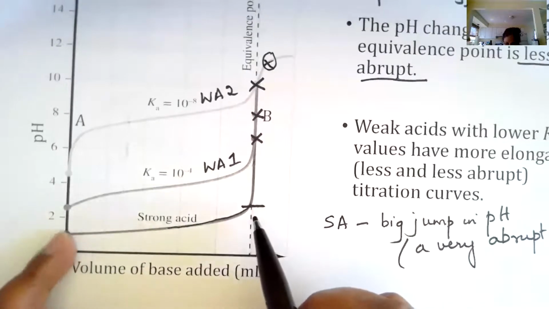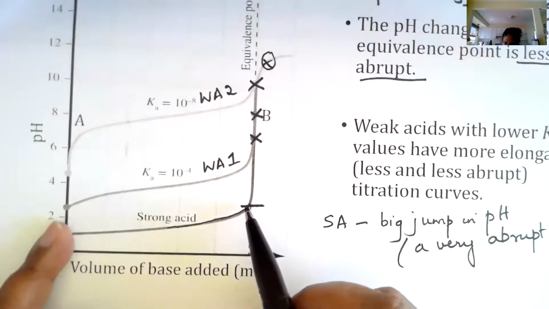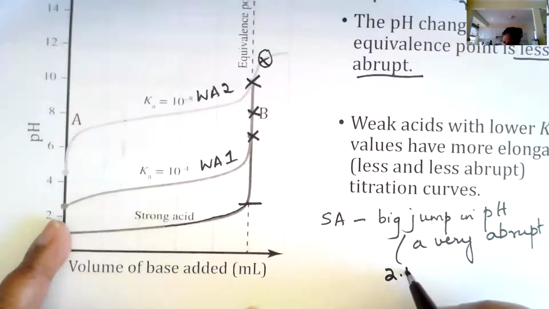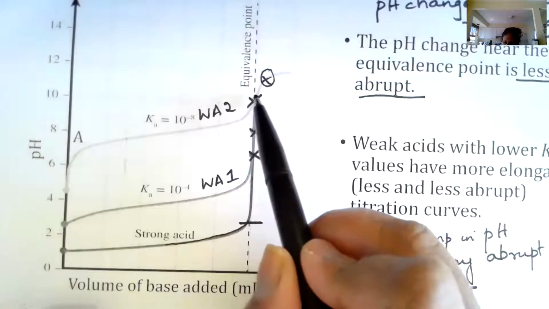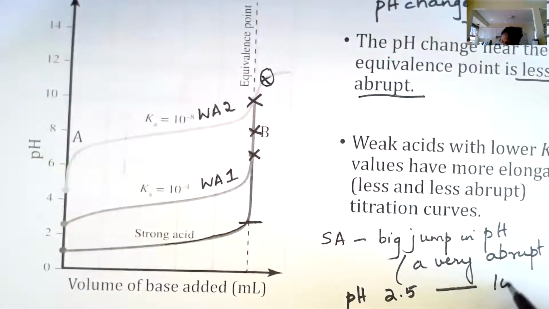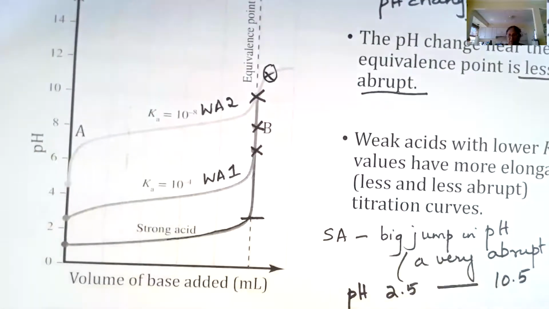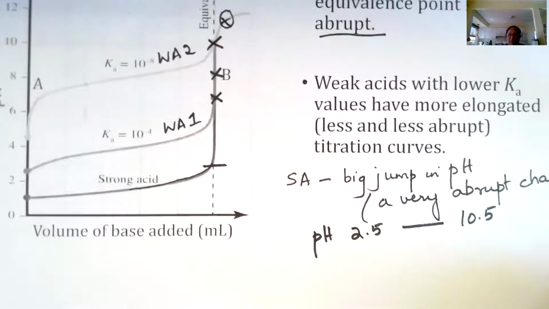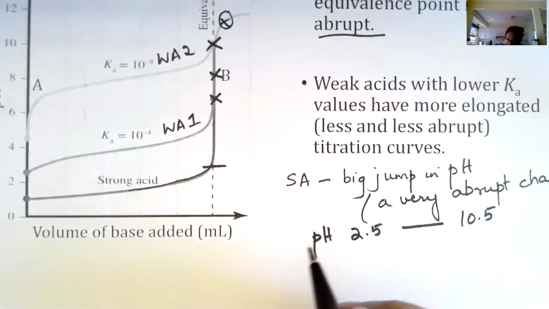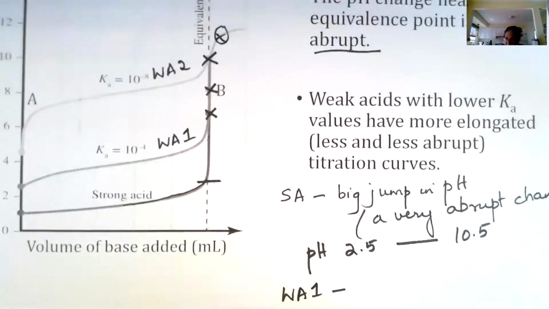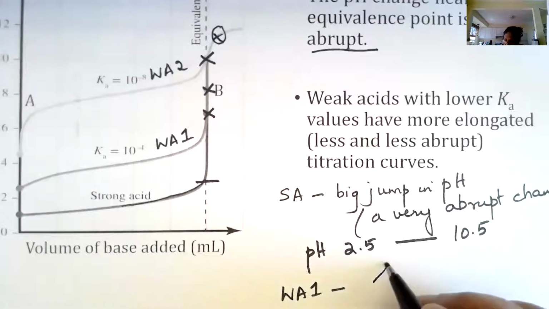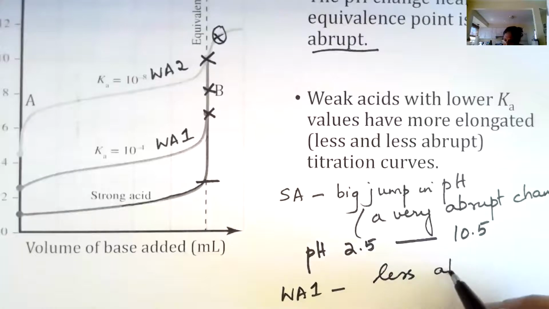Okay, look at that of a strong acid. I don't know what acid they picked, it goes from like pH 2.5, it jumps to, let's look at it here, like 10.5 at the equivalence point. That's a big jump. Let's look at weak acid 1. They're saying this is less abrupt.